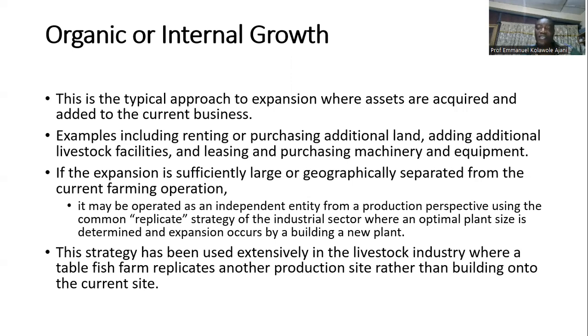So they created a farm in Ibarapa that is a replicate of the farm in Oluyole and some other areas they have, and they have different management activities there. They decentralize the operational activities there, though they are replicating what they are doing in the Oluyole farm. That is how organic or internal growth is achieved.